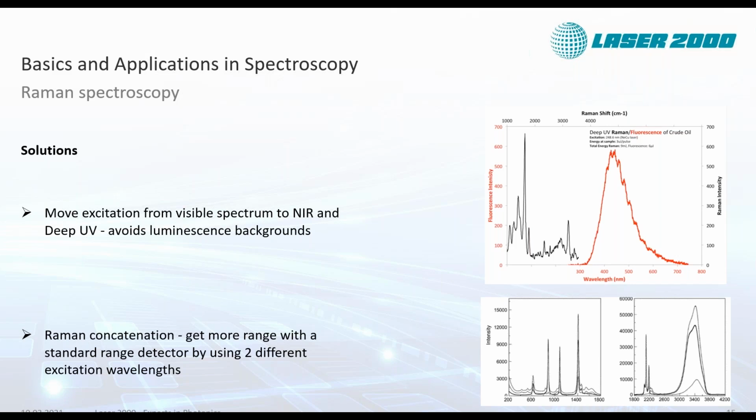The second problem I mentioned before was the limited range of the spectrometers. There's a solution one can overcome this with, and it takes advantage of the fact that we use a relative wave number scale related to the excitation wavelength.